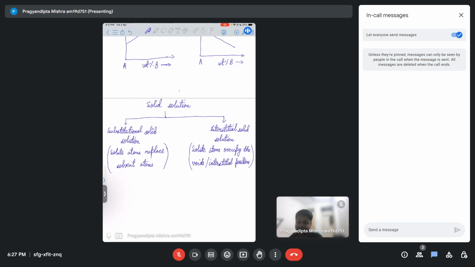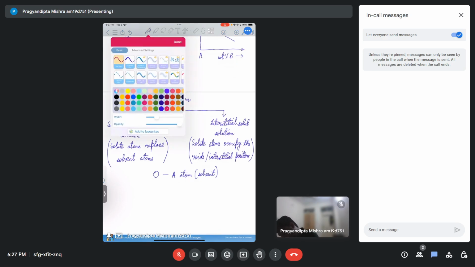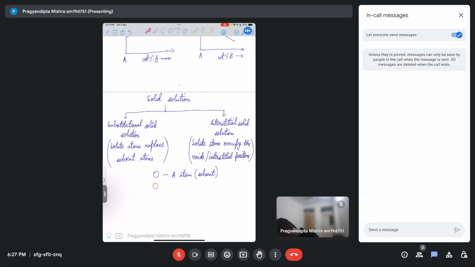Okay, so let's represent it in the form of a diagram. Let's say this is my A atom. A is basically my solvent atom, in brackets, solvent. And then let's use a different ink. Let's say this is my B atom, which is the solute.